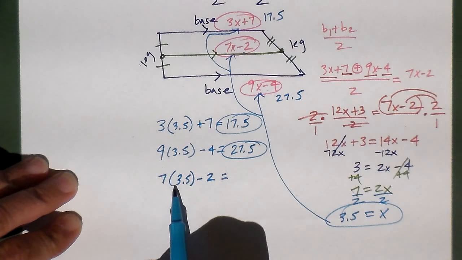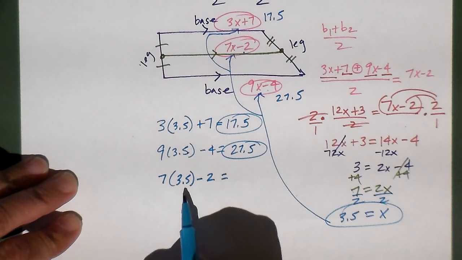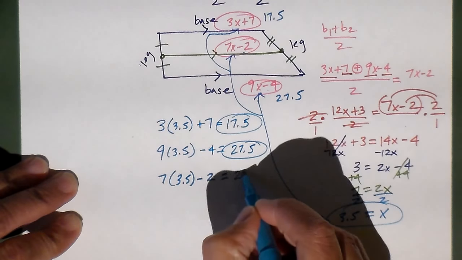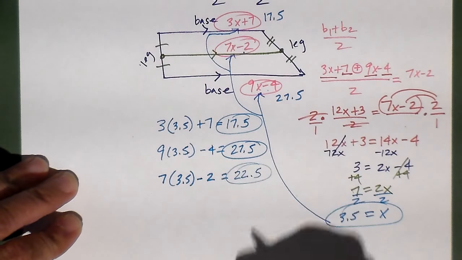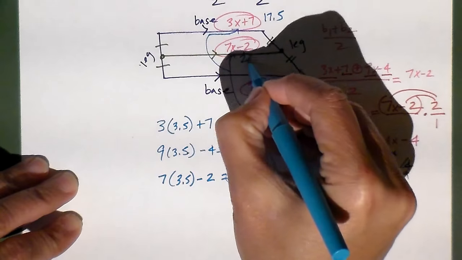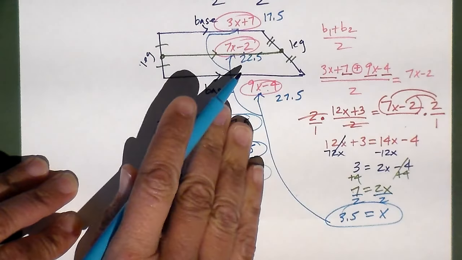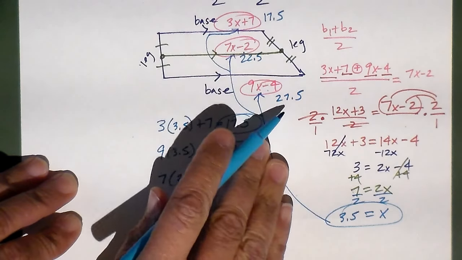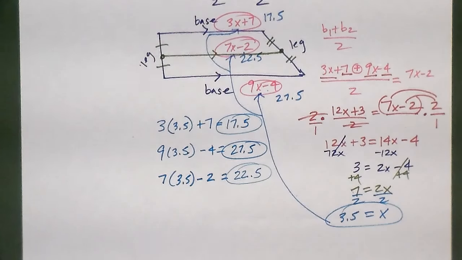So I've got 21 plus 3.5, which is 24.5, minus 2 is 22.5. If you look at that, 22.5 is in fact halfway between 27.5 and 17.5. So again, the mid-segment of a trapezoid is just when you add the two bases together and find the average, divide by 2.